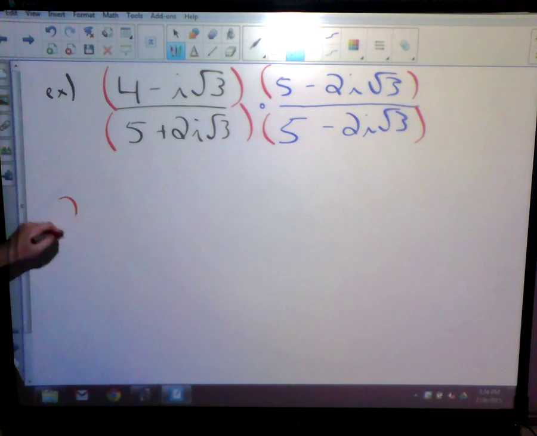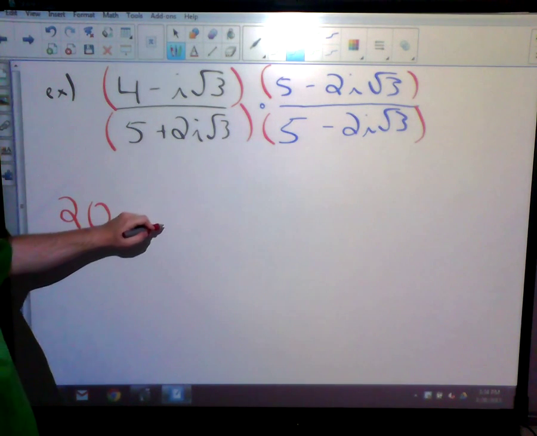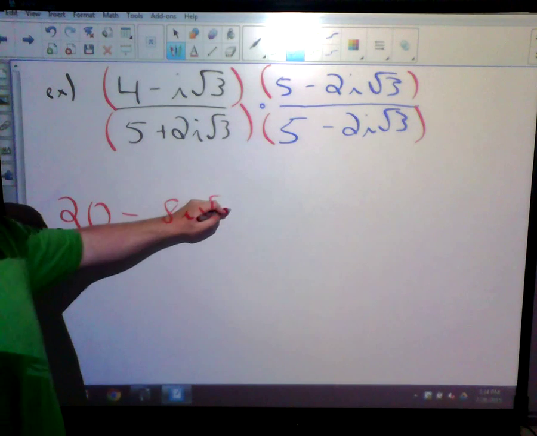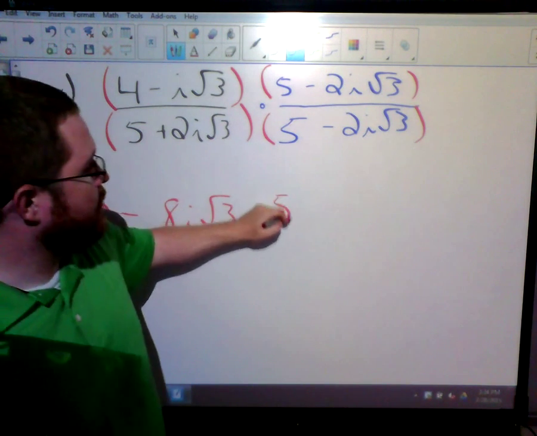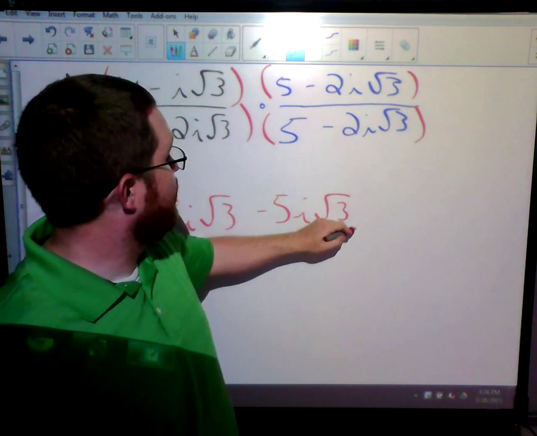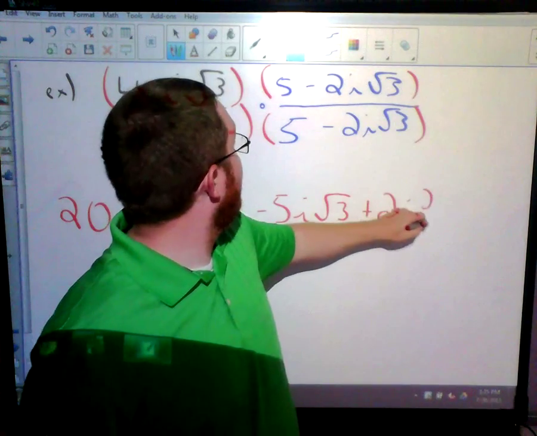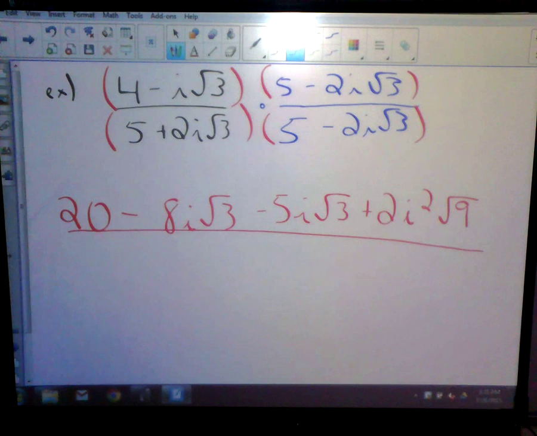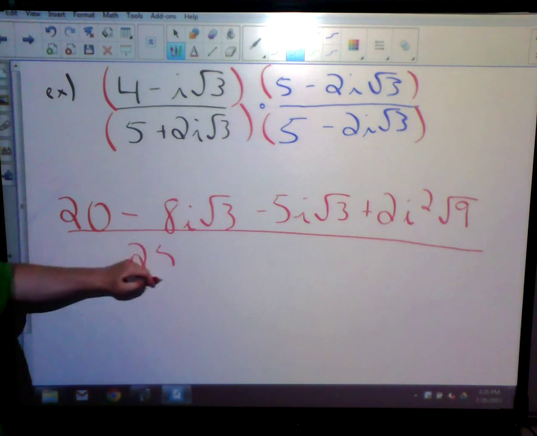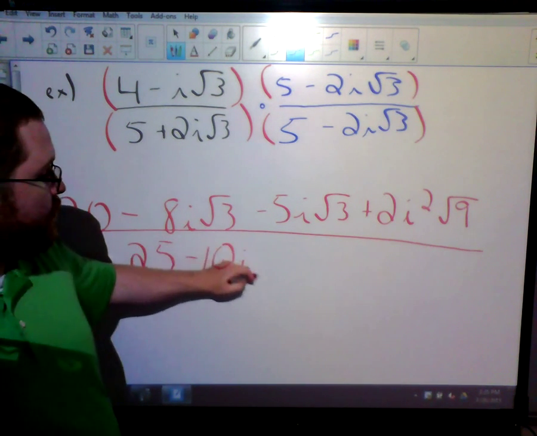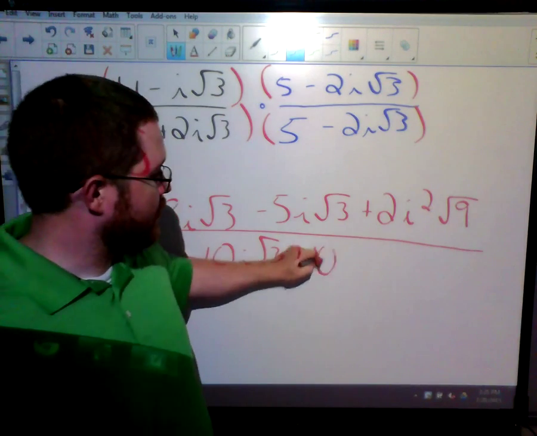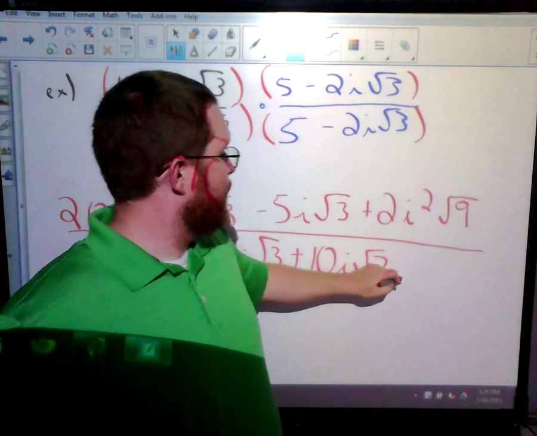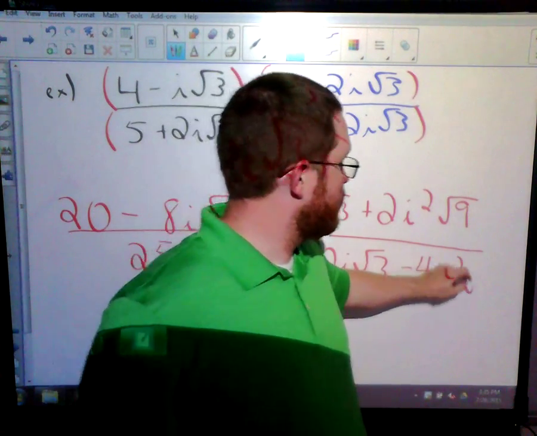On top, I get 20 minus 8i square root of 3 minus 5i square root of 3 plus 2i squared square root of 9. On bottom, I get 25 minus 10i square root of 3 plus 10i square root of 3 minus 4i squared square root of 9.